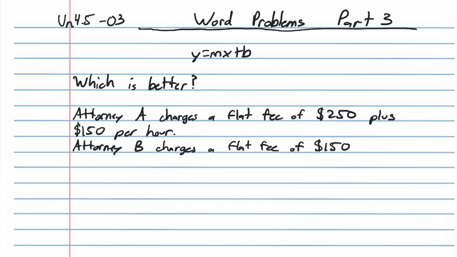But their catch is, plus $150, they charge $175 per hour. So in other words, over time, the longer you meet with your attorney, the more expensive attorney B is going to be, right? Because they're charging more per hour. But if you're only meeting with them for like 2 hours, attorney A is probably better. It'll probably be a little bit cheaper.